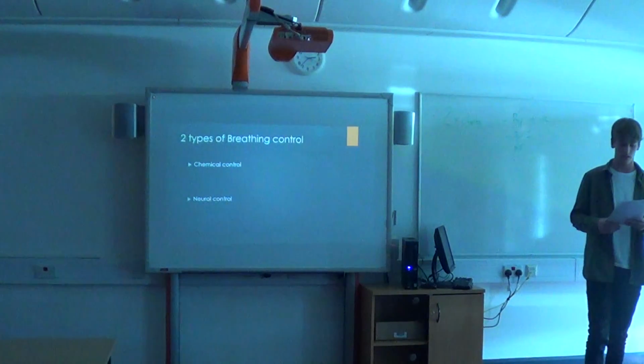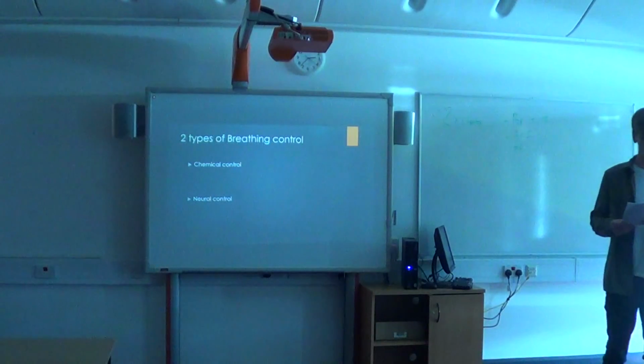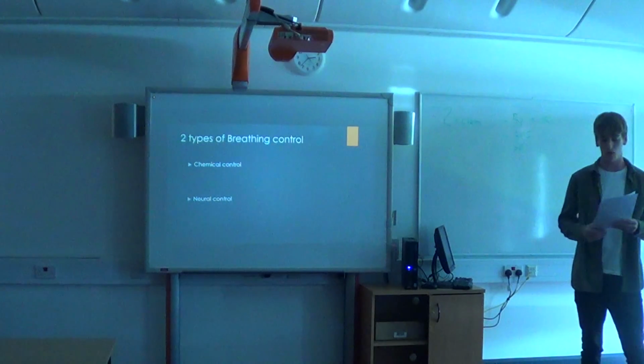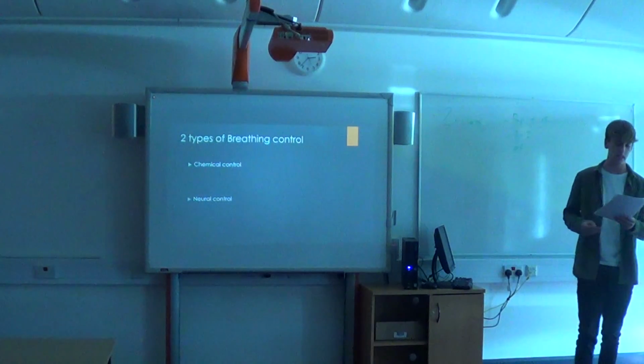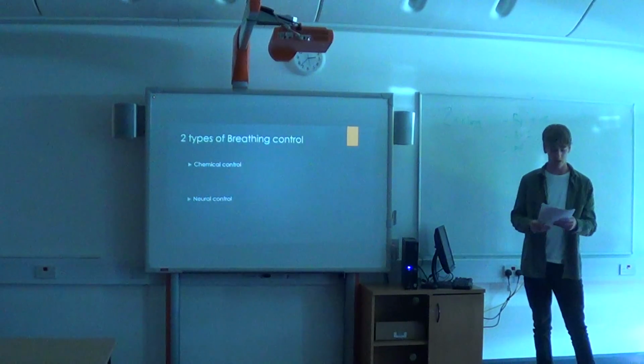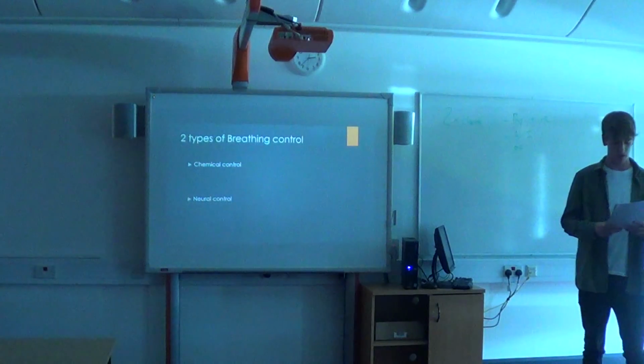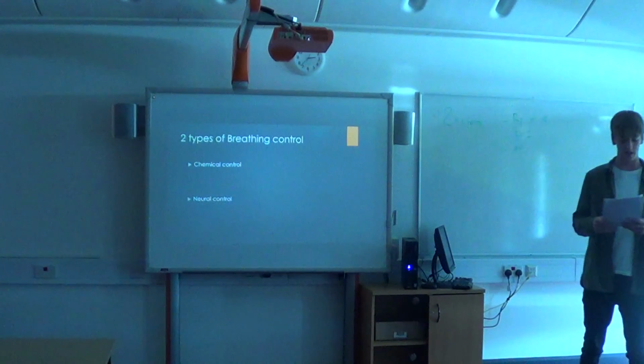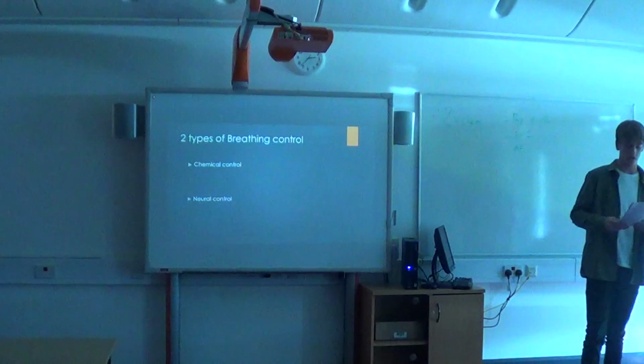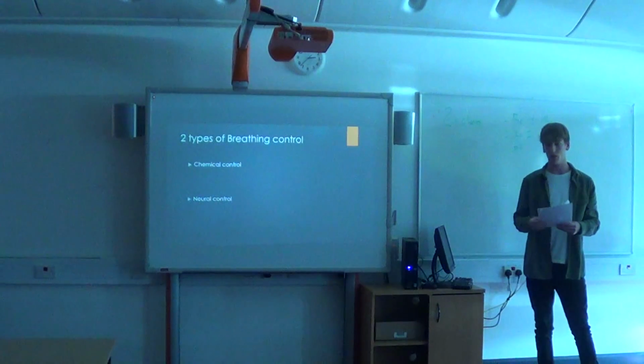Voluntary is when you think about breathing, so the impulses come from the cerebral cortex in the brain. The involuntary side is when you don't think about how you breathe, and the impulses come from the medulla oblongata in the brainstem.